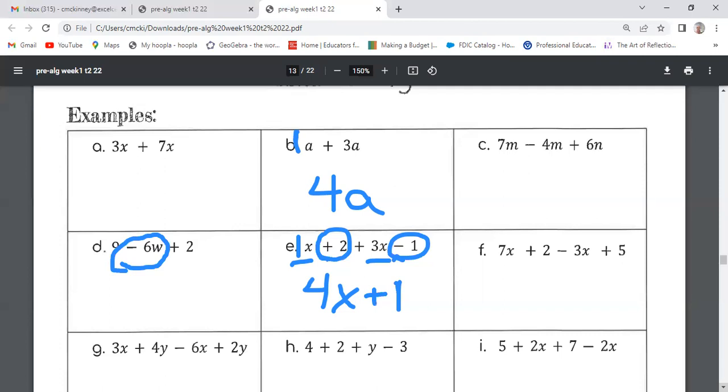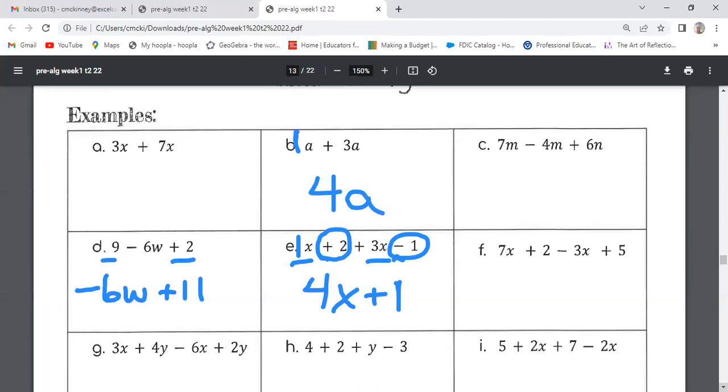So the 6w is negative, and there's no other w's, so he's going to stay negative 6w, and then 9 plus 2. So plus 11. So the minus doesn't get applied to the 2. It's only on the 6w.